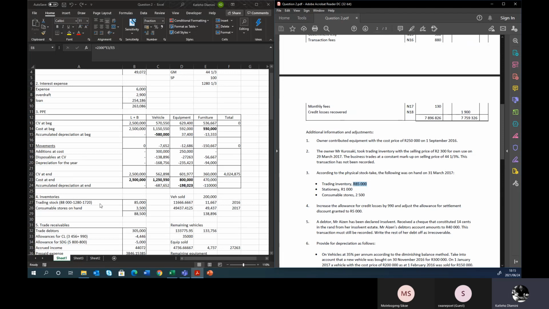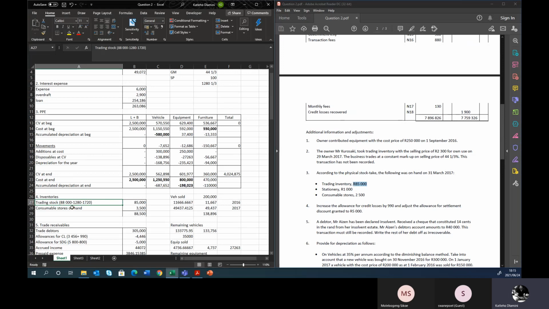The first thing you do, you go over here to your inventories, with an M for some odd reason. Let me just remove that M. You go to your inventories note. Immediately remember the statement of financial position. You always show the financial position, not the movement, right? So you put 85,000 there, but you must now explain how we got to that 85,000. Okay. So first things first, if you look over here, you have that 88,000 that we had, right?